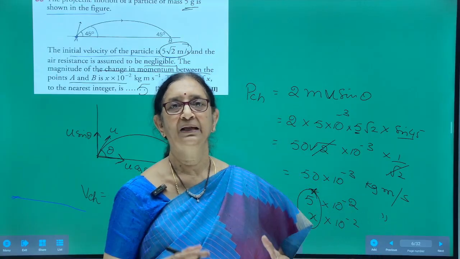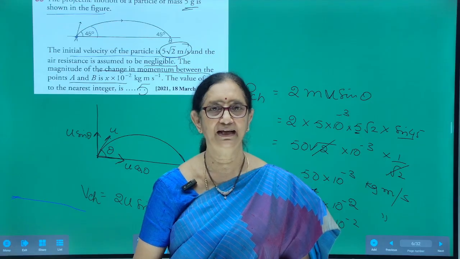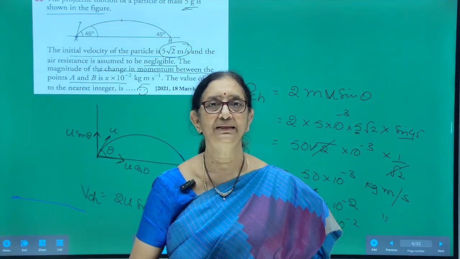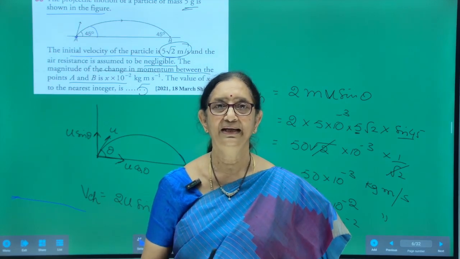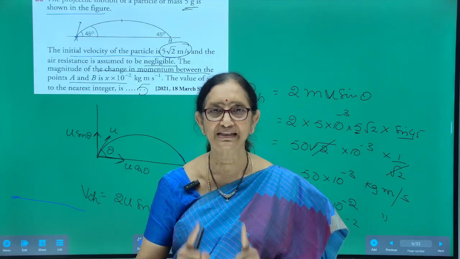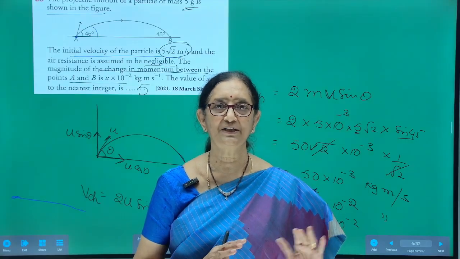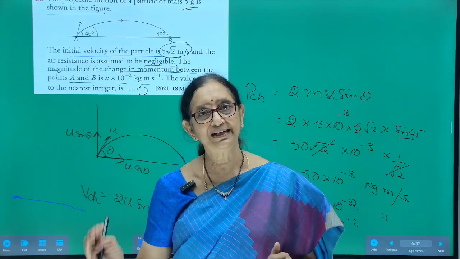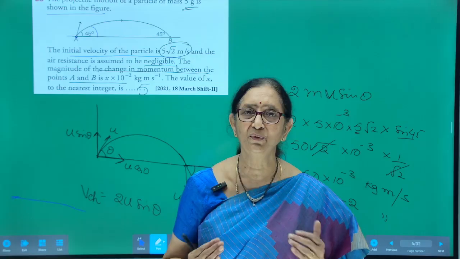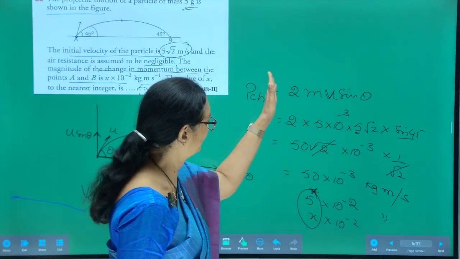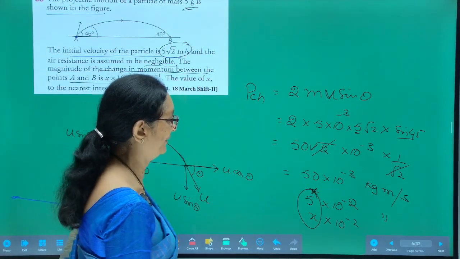So, here in case of a projectile, change in momentum on returning to the ground is 2mu sin theta. If the body is projected from the ground, on reaching the ground, its change in momentum is 2mu sin theta. So, this is the answer for that problem.